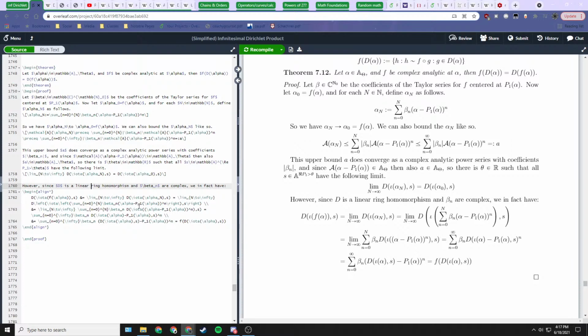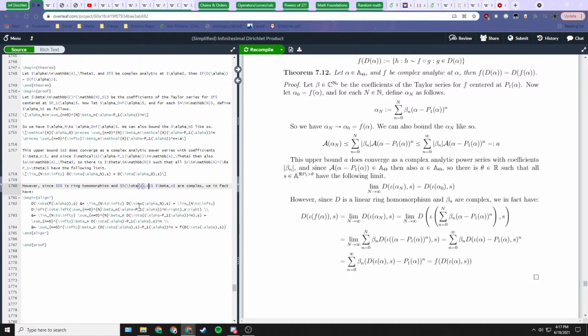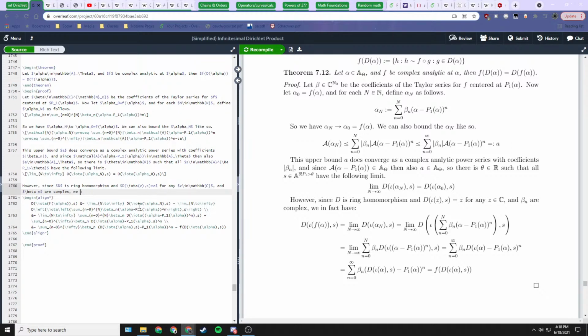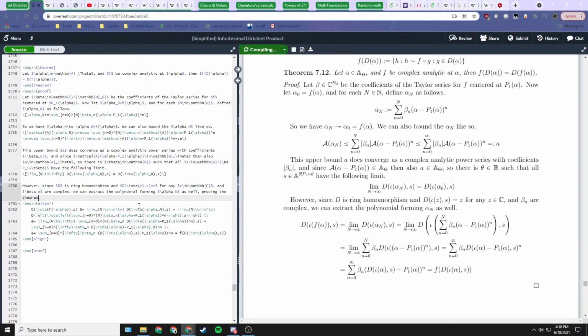Actually, we can see maybe a bit more specifically. Since D is a ring homomorphism, and D of iota z s equals z for any z in C, and beta n are complex, we should have... Yes.